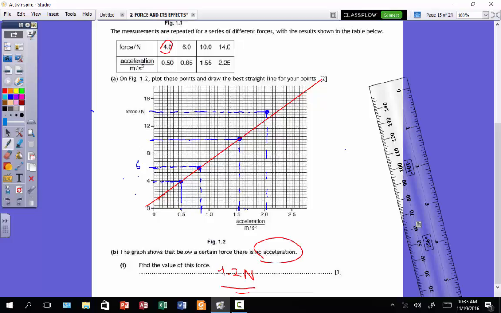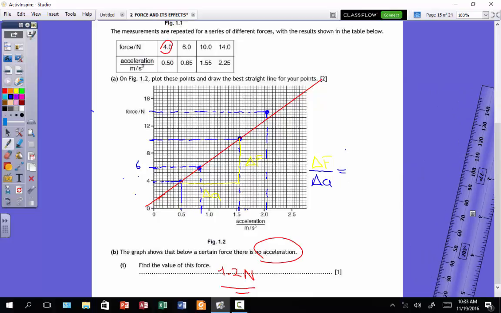I can choose these points on my graph. This gradient, delta F, the change in force, over the change in acceleration, delta A, will give us the gradient.